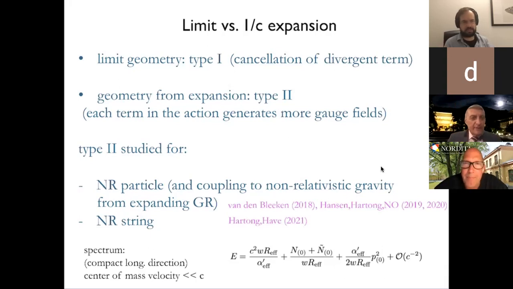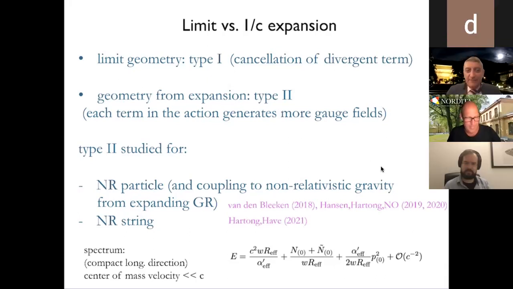Thank you. I have one question. Is there a critical dimension for this non-relativistic string? Is it the same? Yes. It depends how you count, but it's also 26 for the bosonic case.